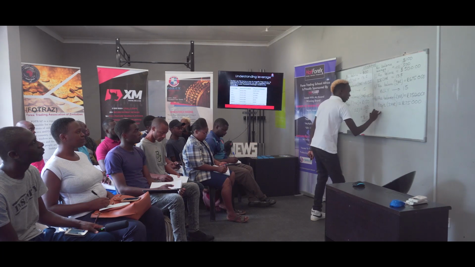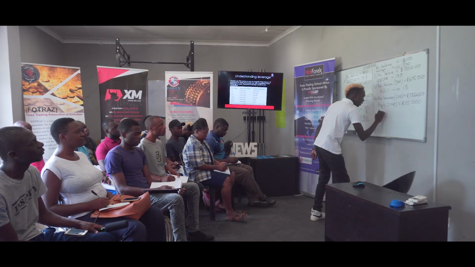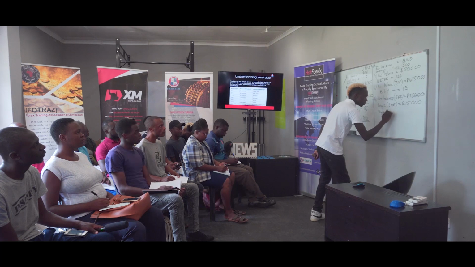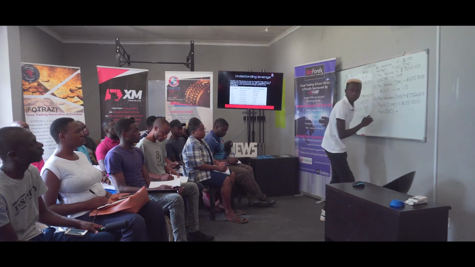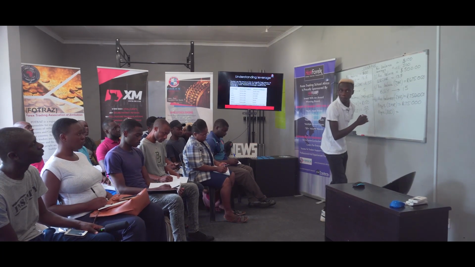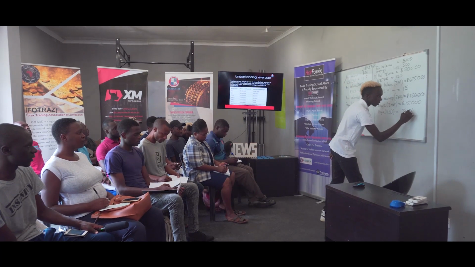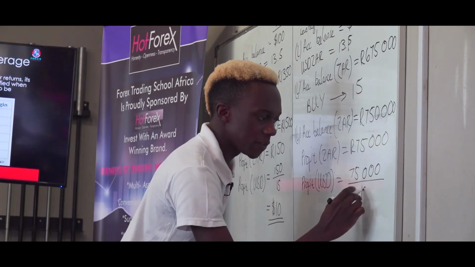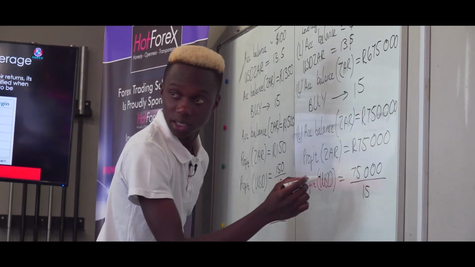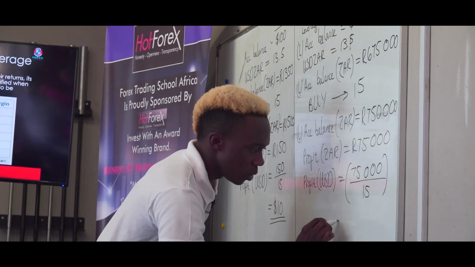Okay. Then, what profit do we make in US dollars? We need to divide this 75,000 by 15, the current exchange rate. Then what do we get?